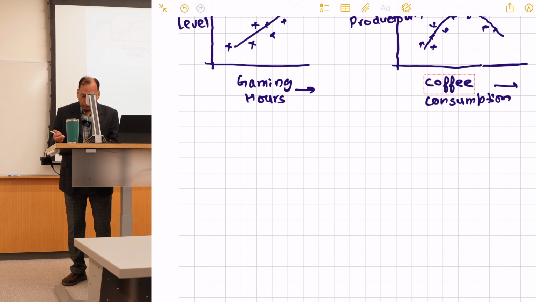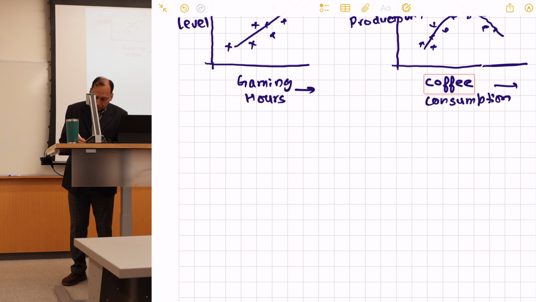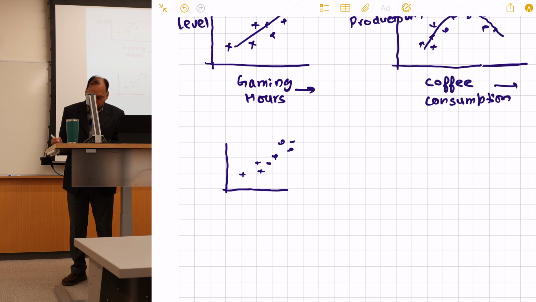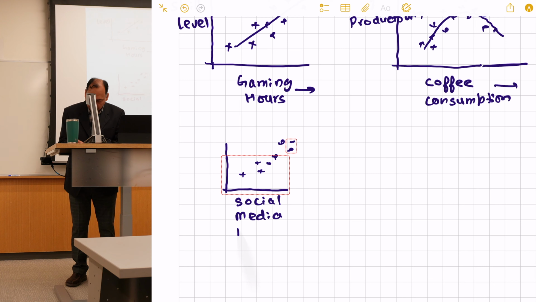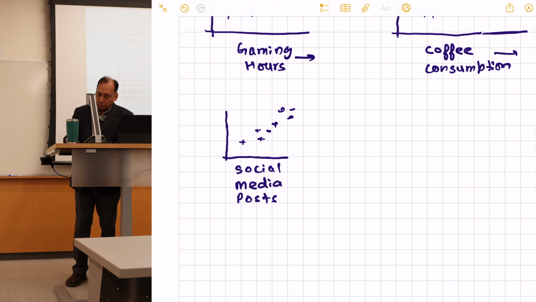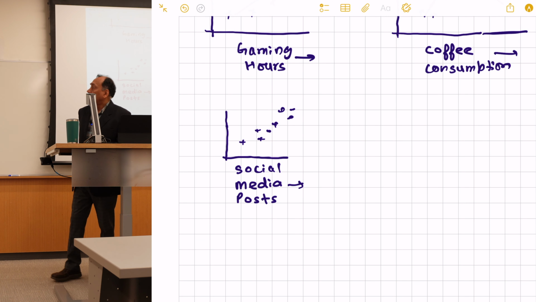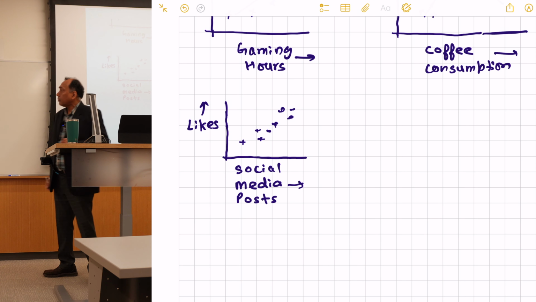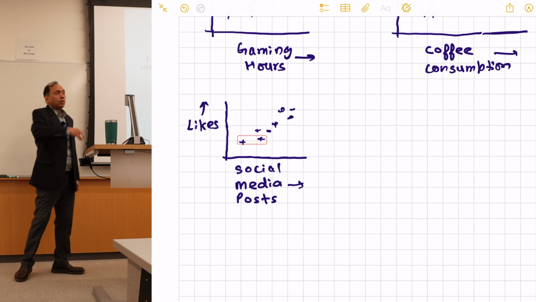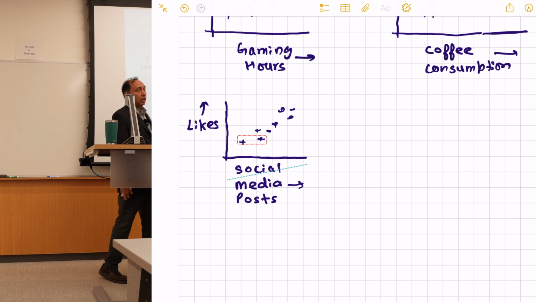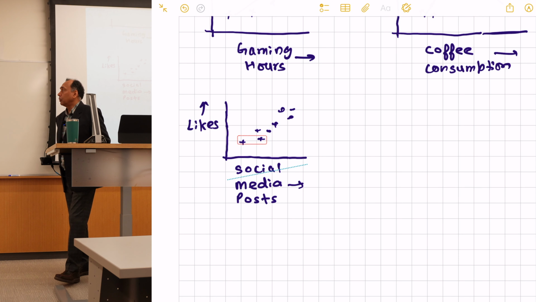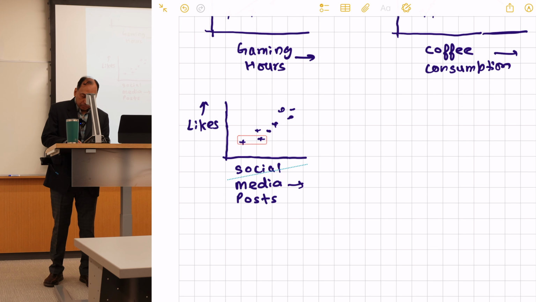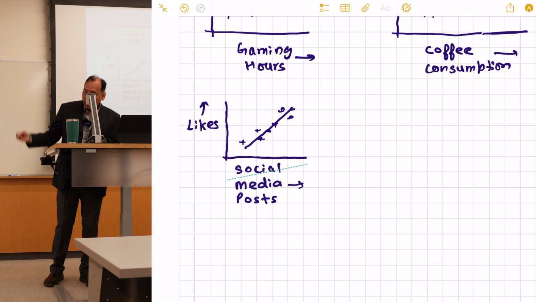So when you plot scatter plots, let's say you have two variables, social media posts versus number of likes. So more posts and you count total likes, so they are likely to go up together. So that's a linear kind of relationship.